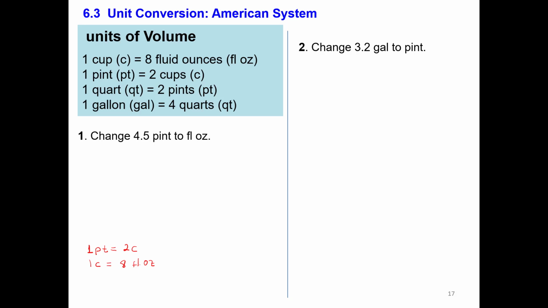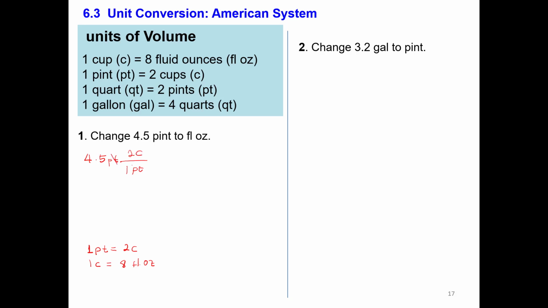Then let's start with 4.5, and let's write the first conversion factor in the way that the pint cancels out. Then we need 1 pint and 2 cups here.